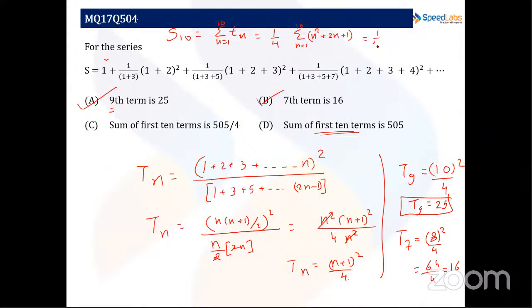So that would be 1 by 4 into n into n plus 1 into 2n plus 1 by 6 plus 2 into n into n plus 1 by 2 plus n, where we can directly write 10 in here.